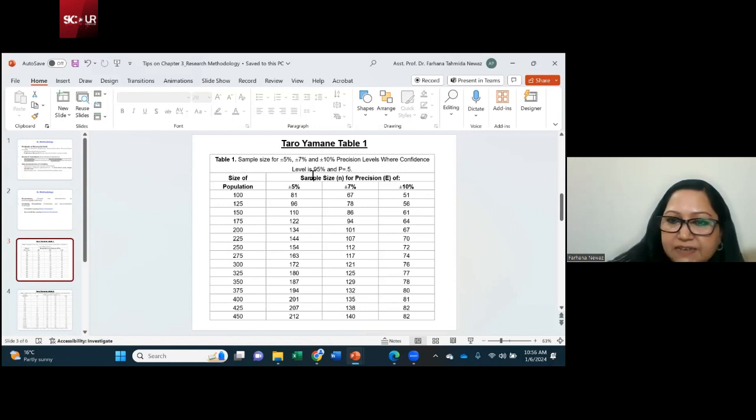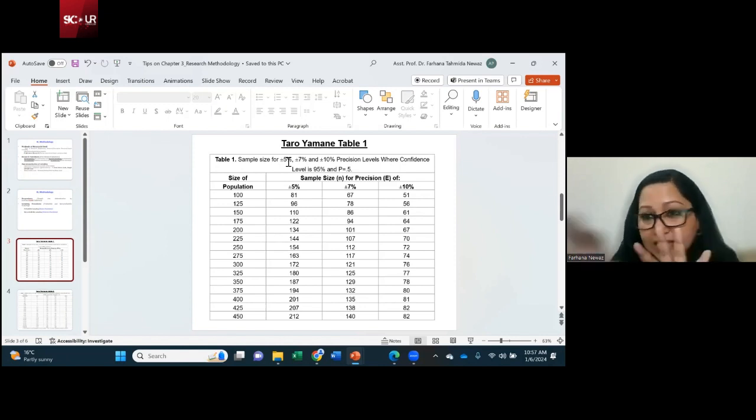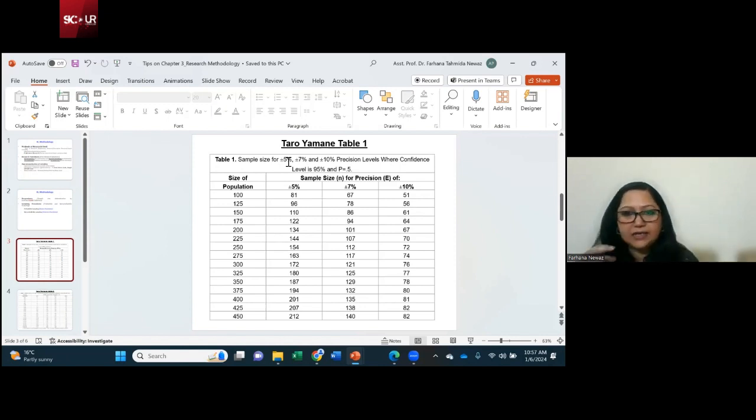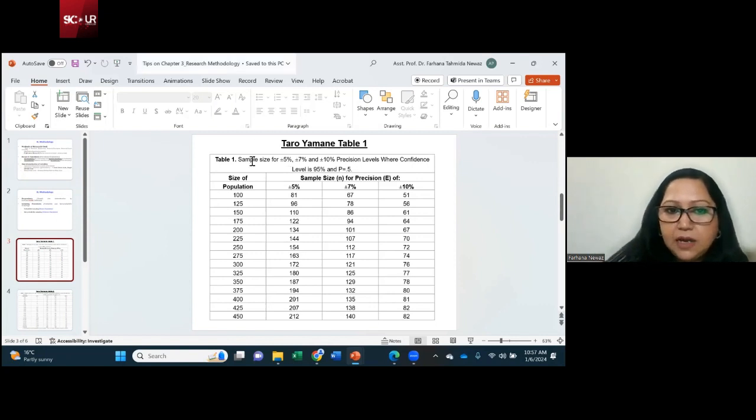The confidence level is a statistic which describes probability. If you use a 95% confidence level, you are 95% confident that 95 out of 100 times the estimate will fall between the upper and lower values. In a simple way, suppose your population size is 100.